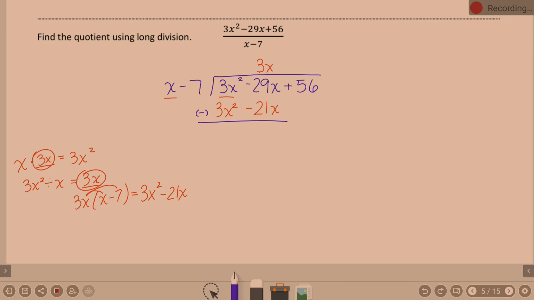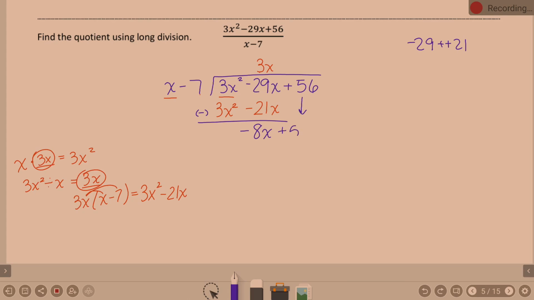Subtracting. 3x squared minus 3x squared cancels as I expect. What about this next one? Negative 29x minus negative 21x. It's negative 29 minus negative 21, yes? So negative 29 plus 21, negative 8x.